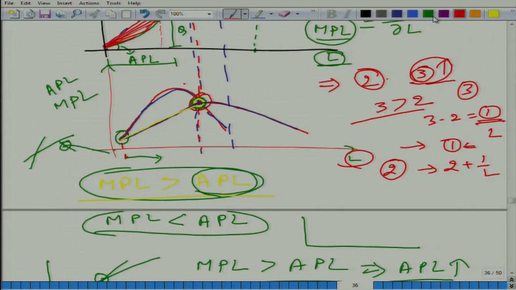Here in this zone, MPL is decreasing, but APL is increasing, and in this zone MPL is decreasing and APL is also decreasing. So, we cannot say anything about it. We can comment about APL given the information about MPL only when we can compare the values of MPL and APL. Okay? So, be very wary about this. It is a typical question that you get in exam. Okay? Fine.